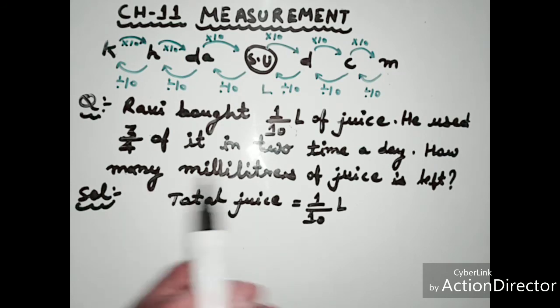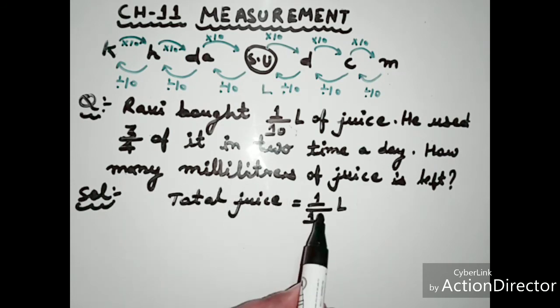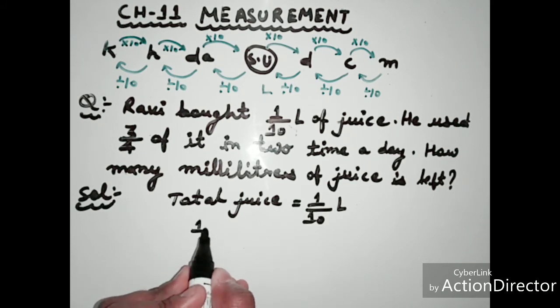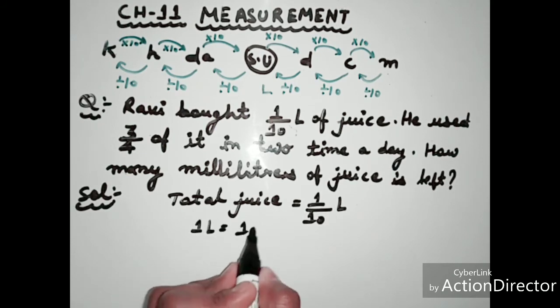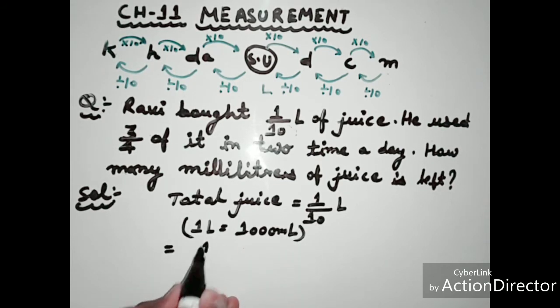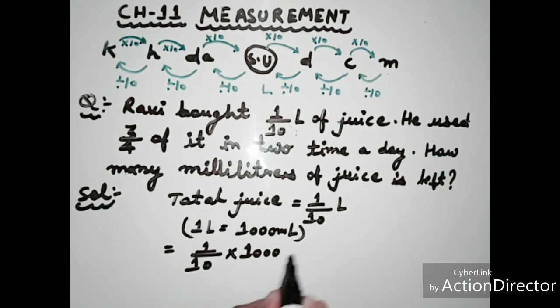So here we find our answer in milliliter. So we convert 1 upon 10 liter into milliliter. So 1 liter equals 1000 milliliter. So here we multiply 1 upon 10 by 1000 milliliters. So 1 0 cancels out by 1 0. So here we get 100 milliliter. So the total quantity of juice is 100 milliliter.